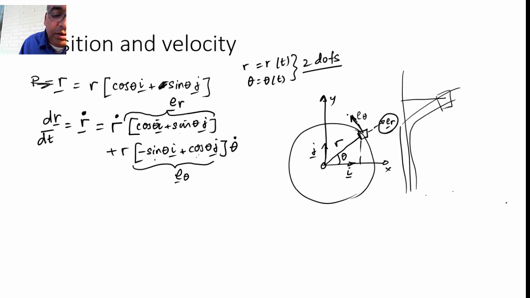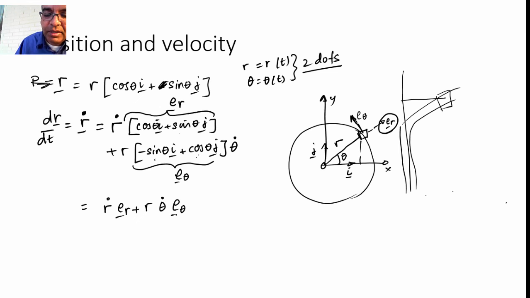Okay, so now we got the velocity vector. I'm going to write it as r dot e_r plus r theta dot e theta. This is very convenient. By the way, there's one more very important thing. e_r is cos theta i plus sin theta j.